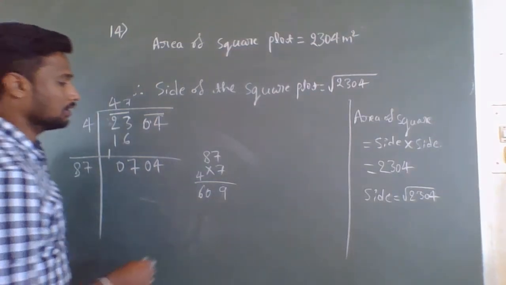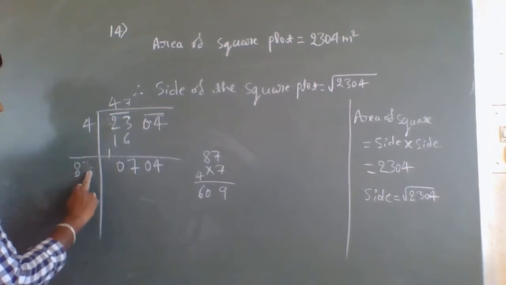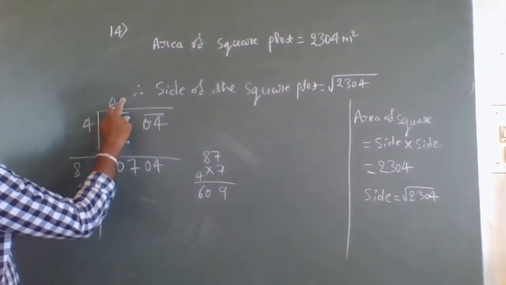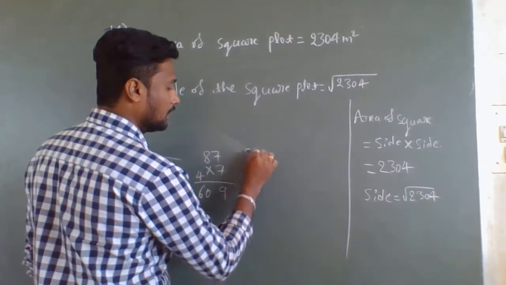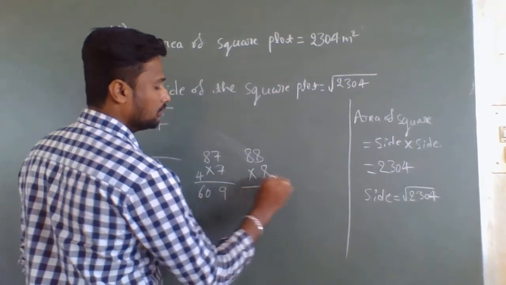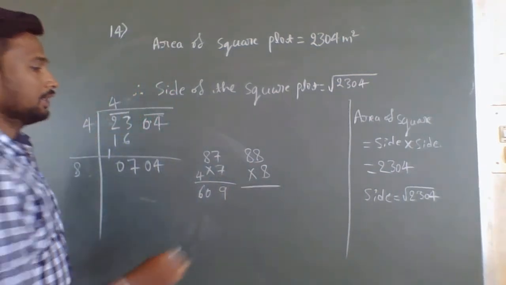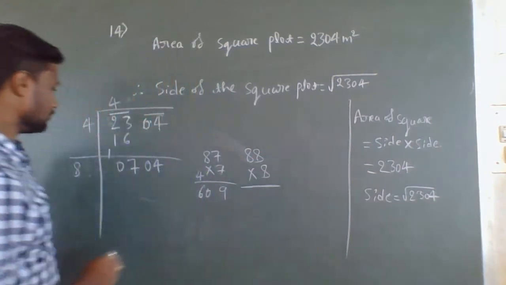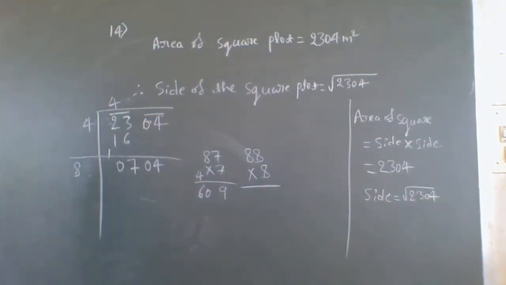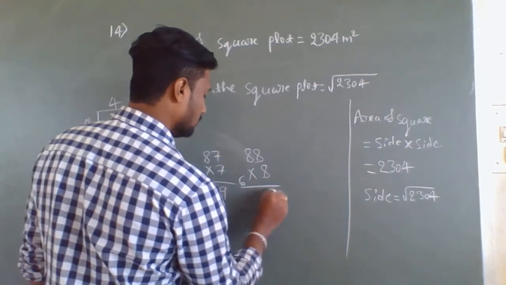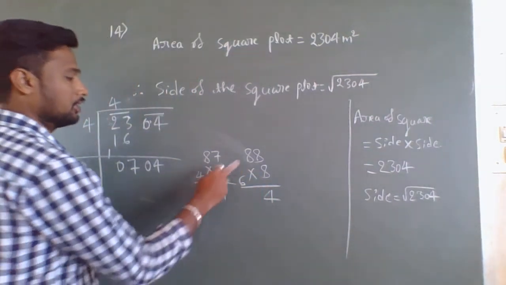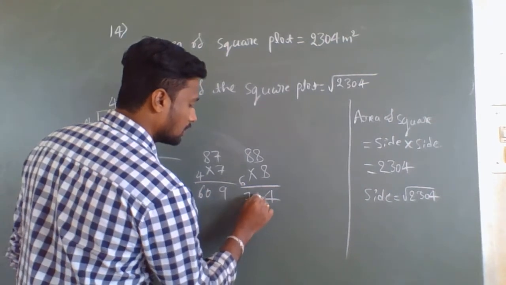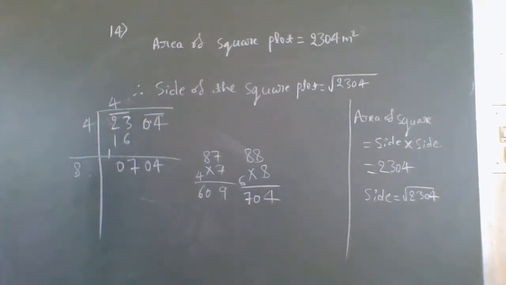So I will check with 88. Here I will consider 8, and here also I should consider 8 only. So now I will check 88 into 8. 8 into 8, what will we get? 8 into 8 is 64. Next 8 into 8 again 64. 64 plus 6 means 70, which equals 704.